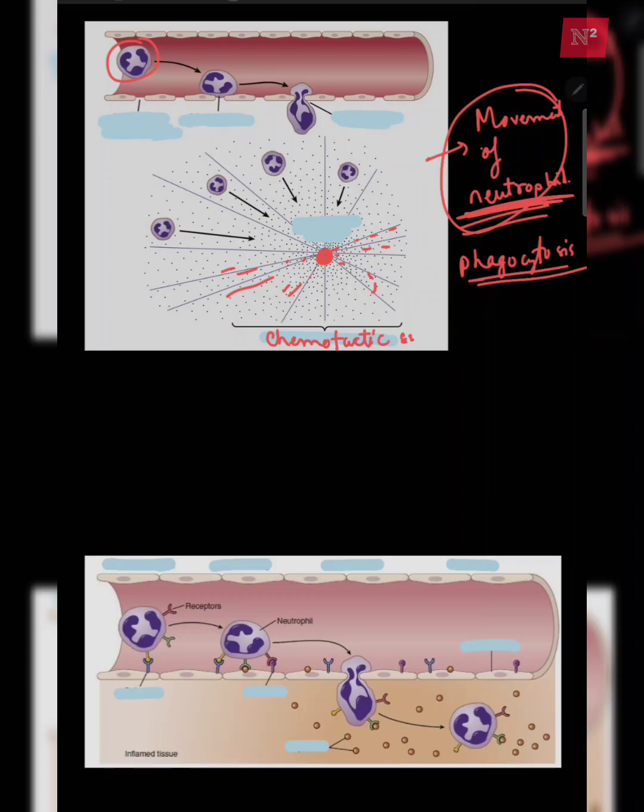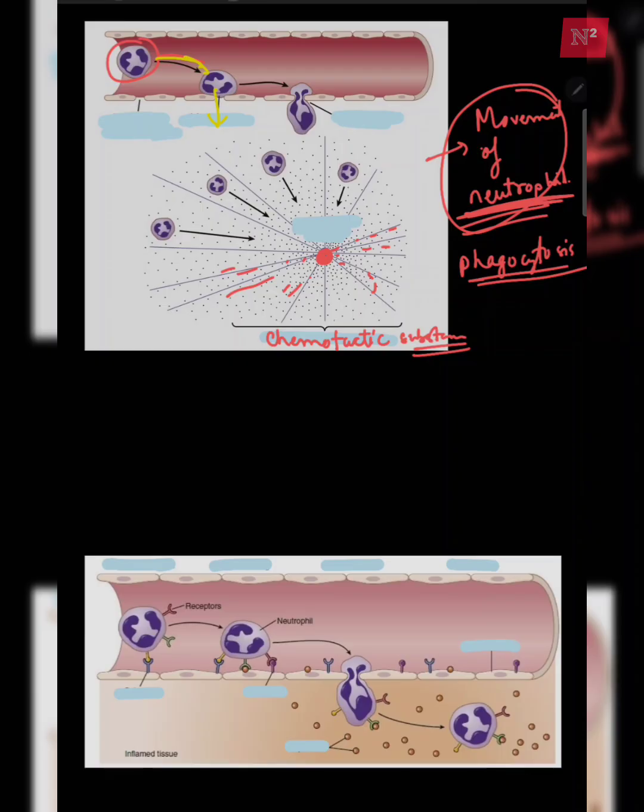These substances release chemicals which are detected by the neutrophil as foreign, and they start to increase its permeability through the membrane.